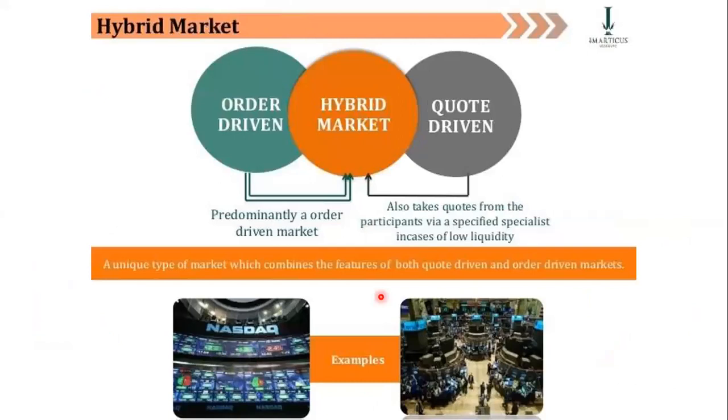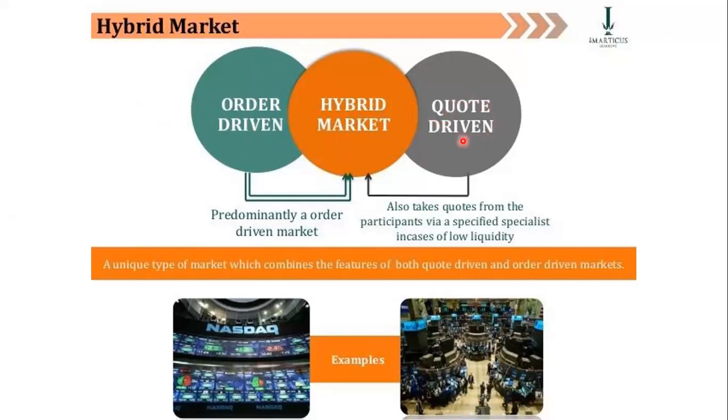In a hybrid market, hybrid means both features can be found in one market. So we have studied what we mean by an order-driven market. Especially, there is no agent there, and they disclose both quantity and the price.